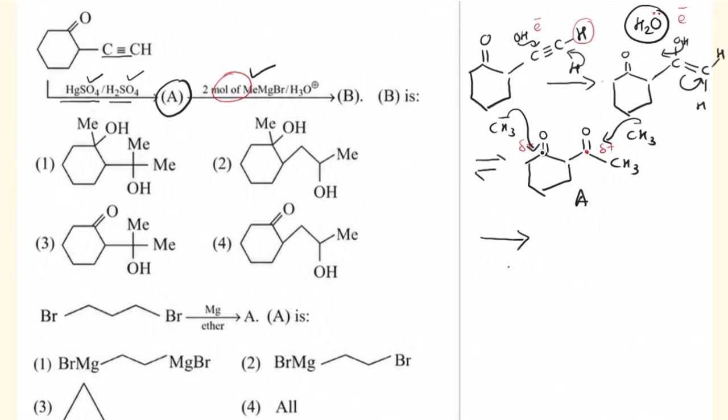Since they are ketones, they are going to form tertiary alcohol. You're going to get OMgBr, but there is a hydrolysis at the last step. So what we are going to get? OH. The methyl is attacking here. Similarly, here also, you see OMgBr will get hydrolyzed and it will become OH. Already there is a methyl group and the Grignard reagent is attacking here means it's also a tertiary alcohol.